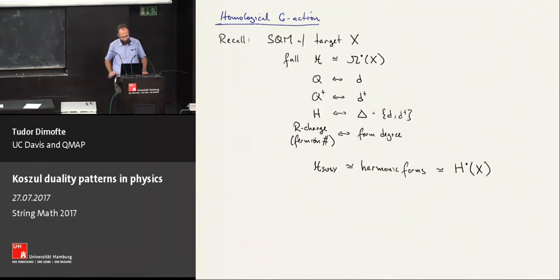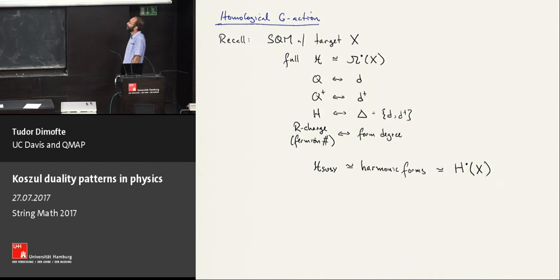So I want to take a few minutes just to describe this thing. Let me recall what Witten said. If we have supersymmetric quantum mechanics with a Riemannian target X, the full Hilbert space is differential forms on X. The supercharges act as d and d dagger.